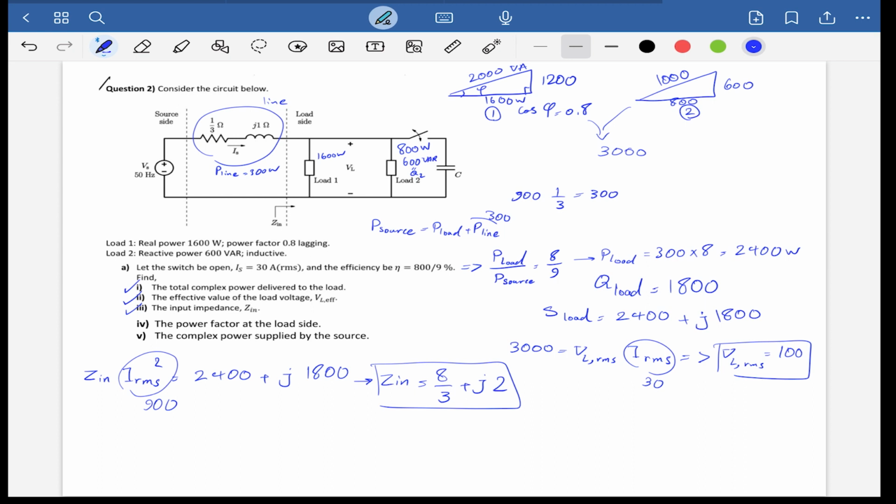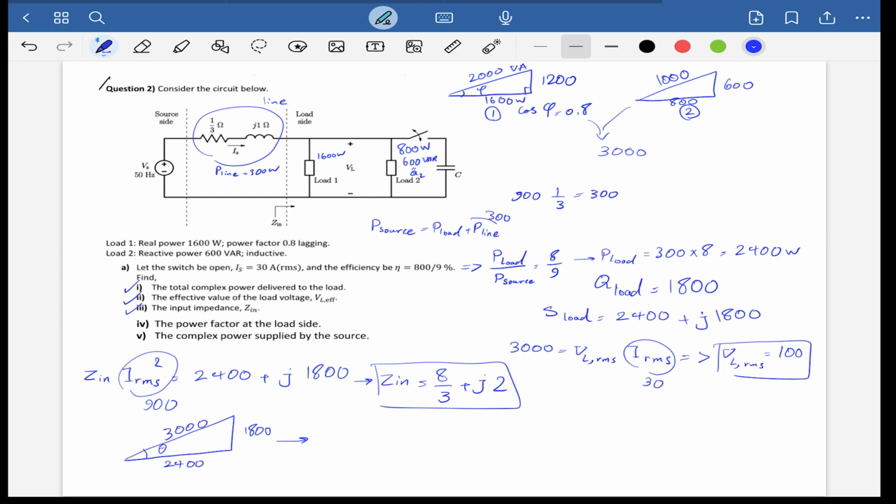And part 4, the power factor at the load side. How can we find it? Well, we can draw the power triangle for the load. Let's say this is theta, and then this should be 2,400, and this should be 1,800. Also, this should be 3,000.